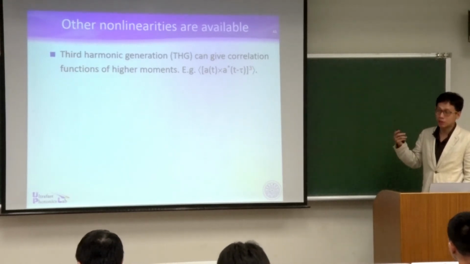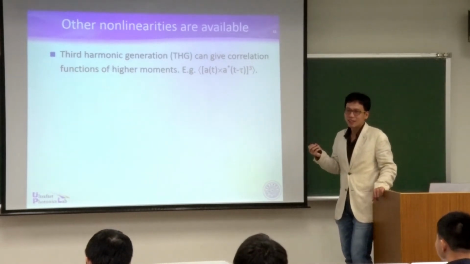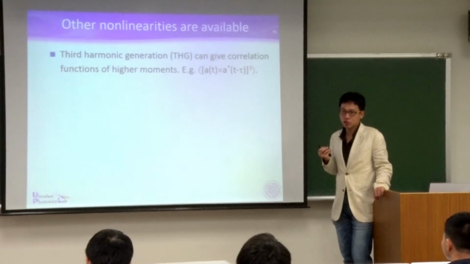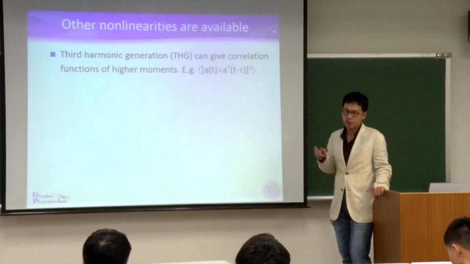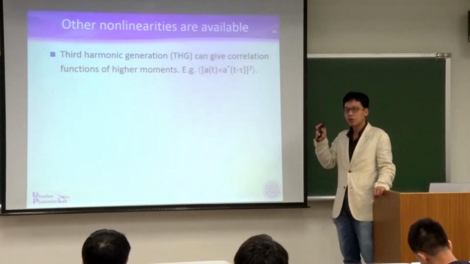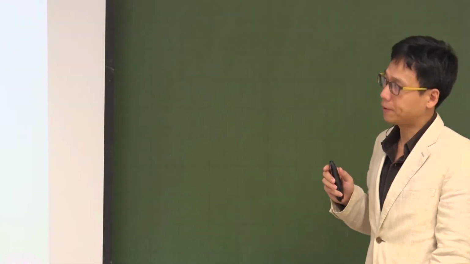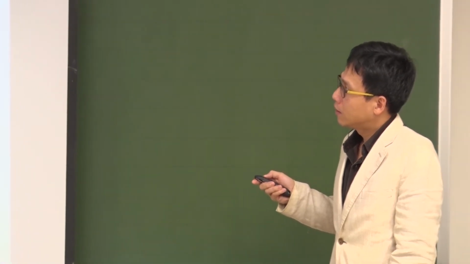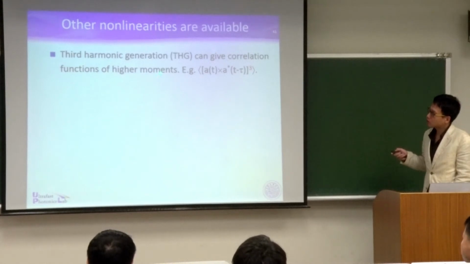Everything is the same except that you replace the crystal. Instead of doing SHG, now you are doing THG, third harmonic generation. And the detector is used in measuring third harmonic energy as a function of delay. The difference is now you can have correlation functions of higher moments.